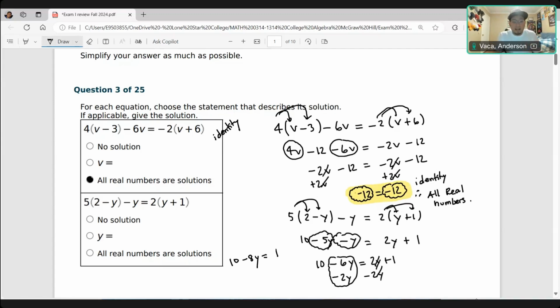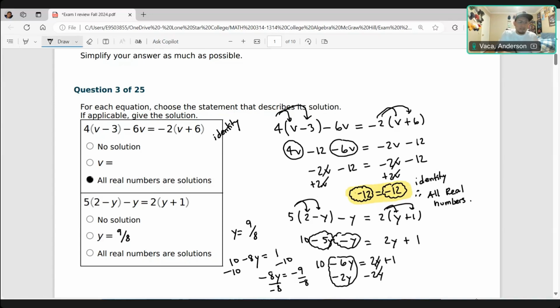So I have a strange feeling that we're going to find an answer since we didn't lose the variable. Okay, minus 10, negative 8y is equal to negative 9. Divide by negative 8, and we get, negative divided by negative is positive, 9 over 8. And that is the best that we could do for this fraction.